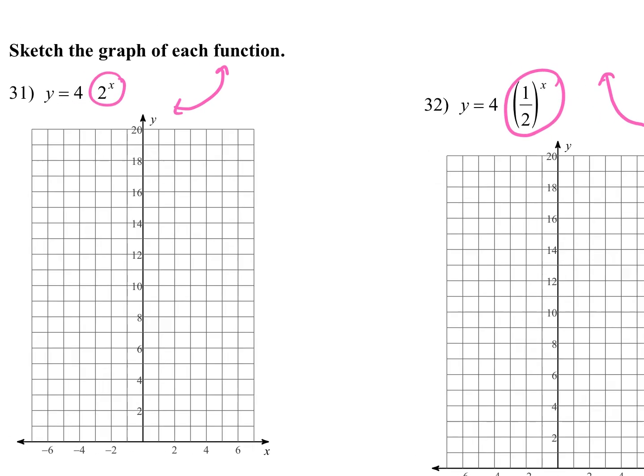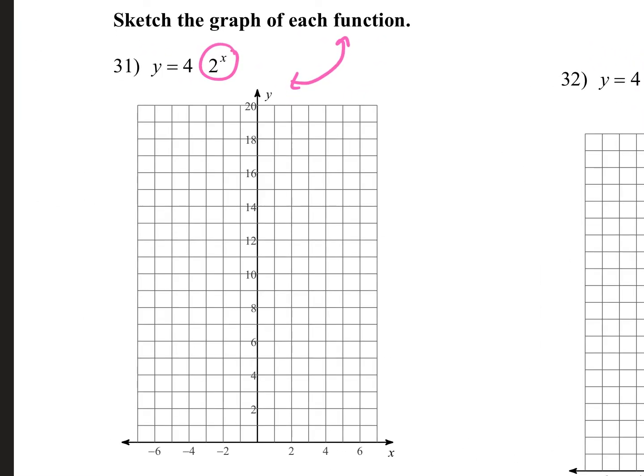Just knowing if it's exponential growth or decay will eliminate most of our answer choices right there. But for 31, let's say we had 2 graphs that showed exponential growth. How can I tell the difference? Well, we can plug in any number we want for x. So let's plug in 0. If I have 4 times 2 to the power of 0, what's 2 to the power of 0? 1. And 4 times 1? 4.